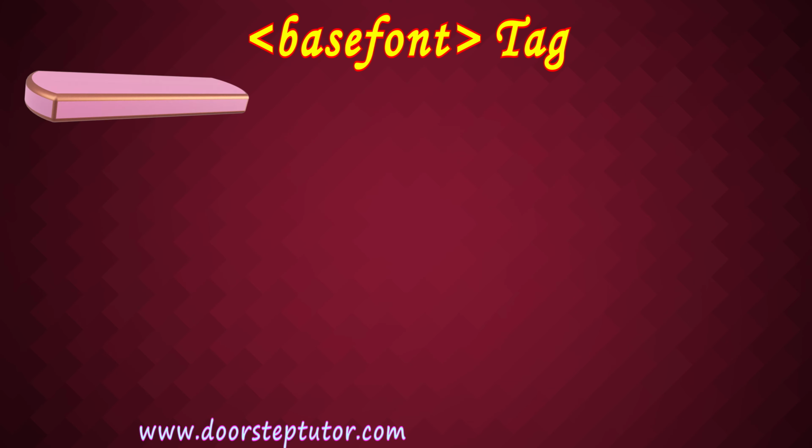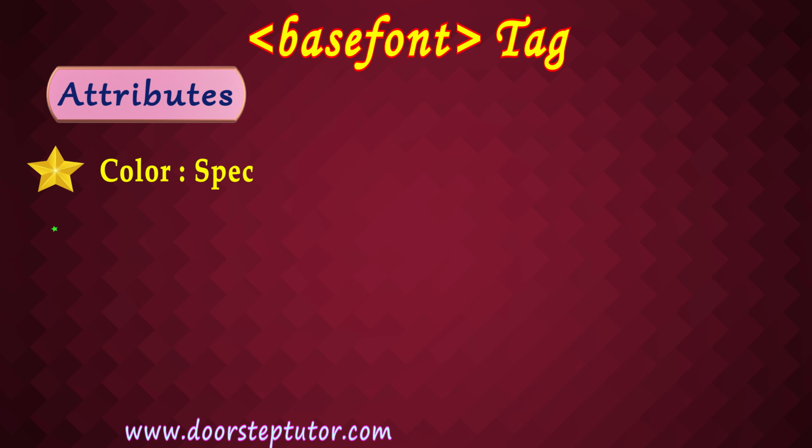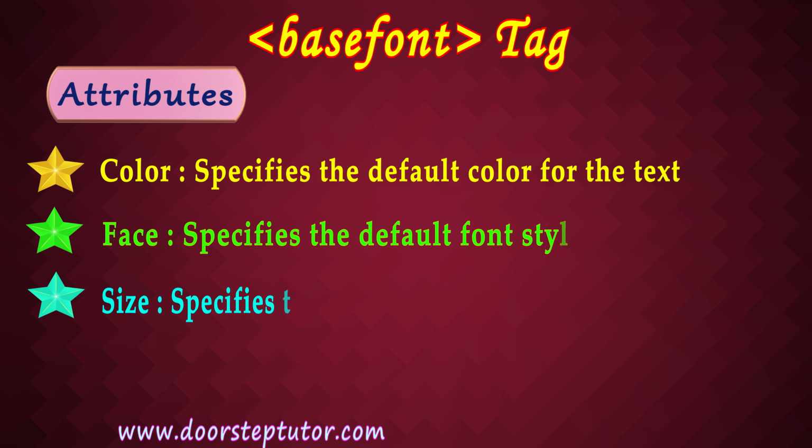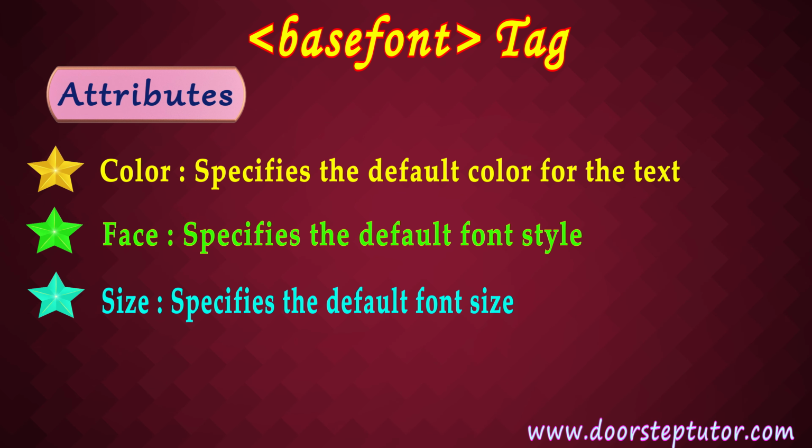The different attributes that can be used with the base font tag are color, face and size. These are the three very important attributes that work in combination with the base font tag. If we want to give a color, we use the attribute color. For the font style, we use face as an attribute. For giving a particular size, large or small, we can provide a size value according to the requirement.